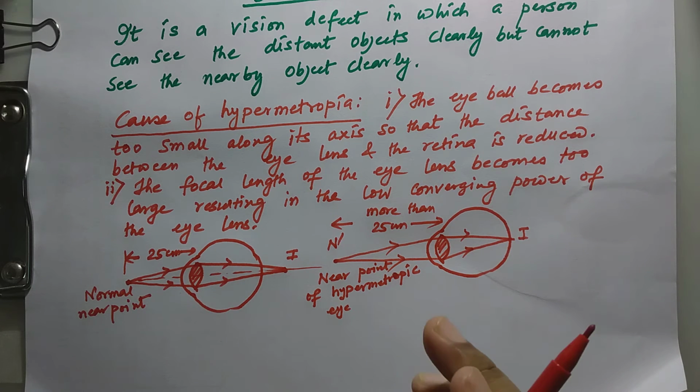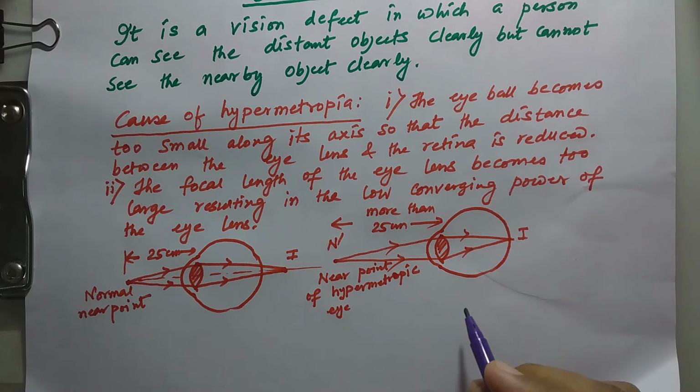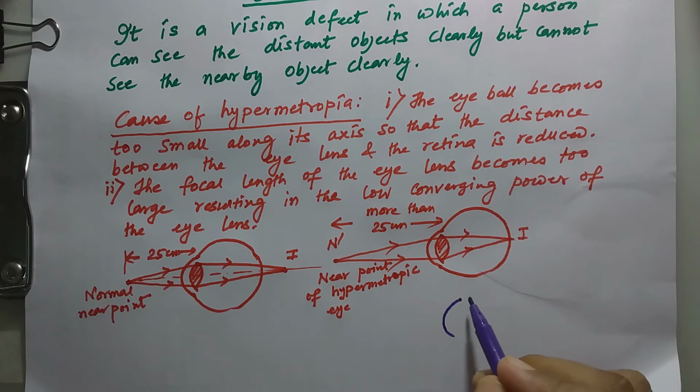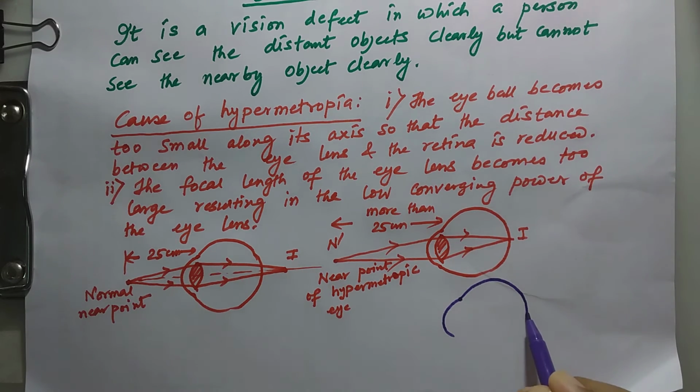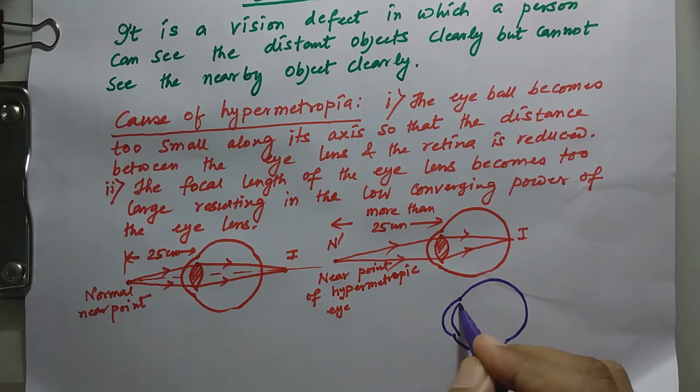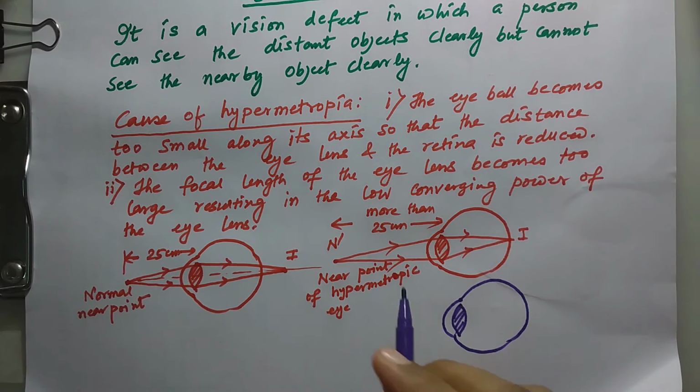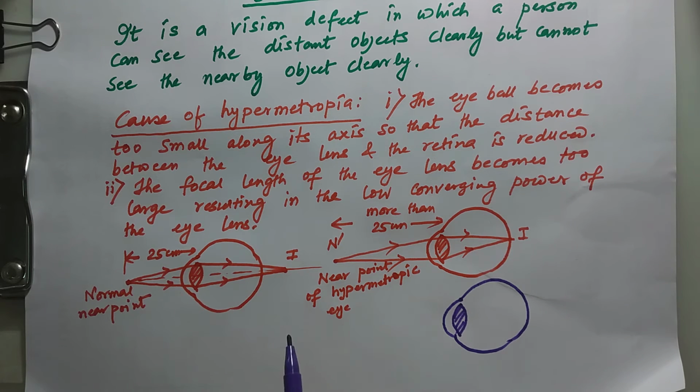Now, how to correct this type of problem? In the correction, you have to use a convex lens. Again I'll draw a diagram of the human eye. This is the correction lens here. So this is your n dash.